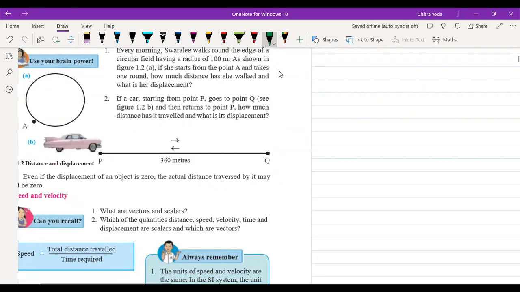Okay, so let's write first. Distance and displacement.